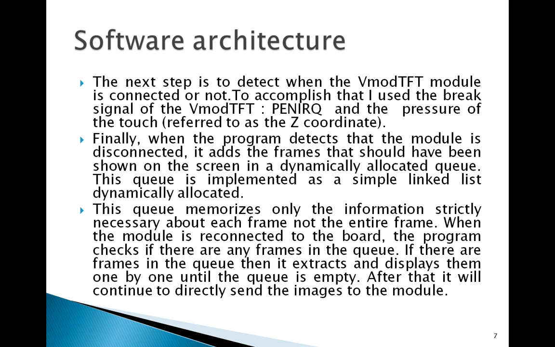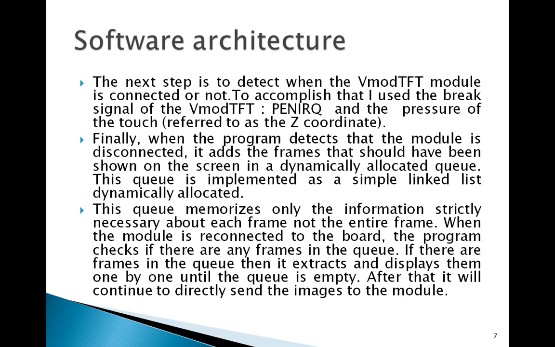This queue is implemented as a simple linked list, dynamically allocated. Adding a frame in the queue is done by adding the frame at the end of the linked list. Extracting a frame from the queue is done by extracting the first element of the linked list. This queue memorizes only the information strictly necessary about each frame, not the entire frame.